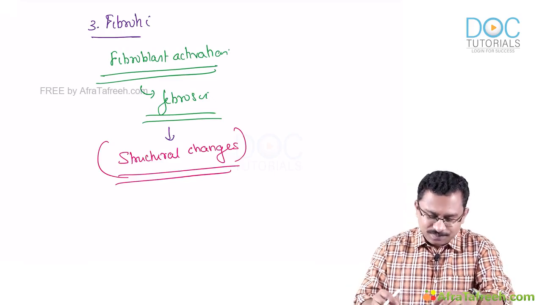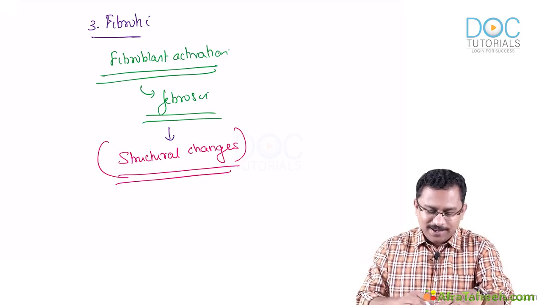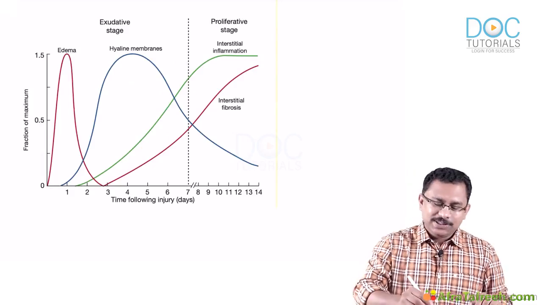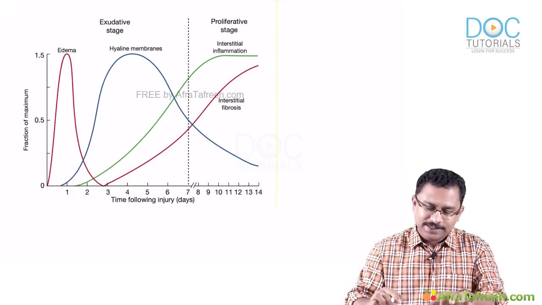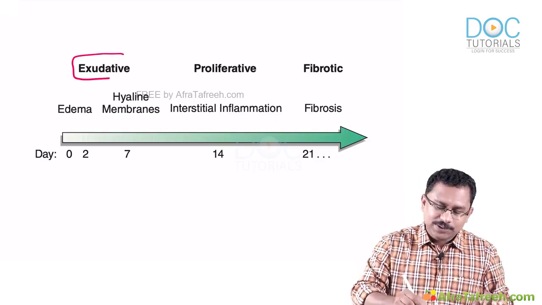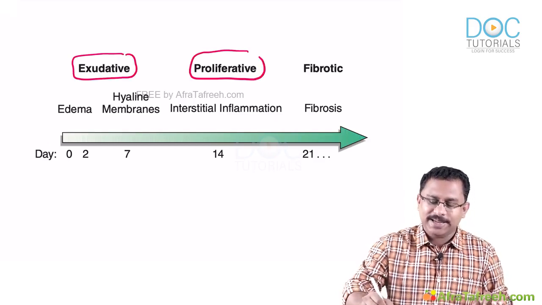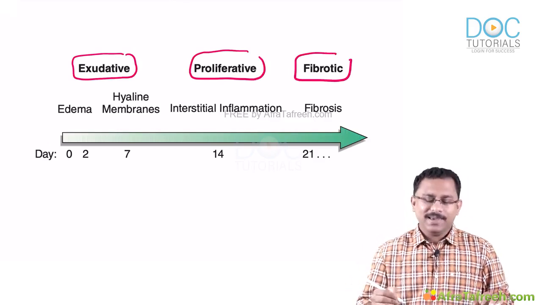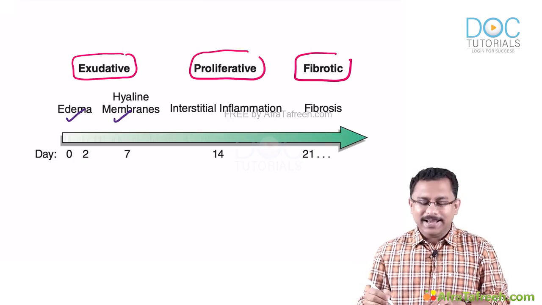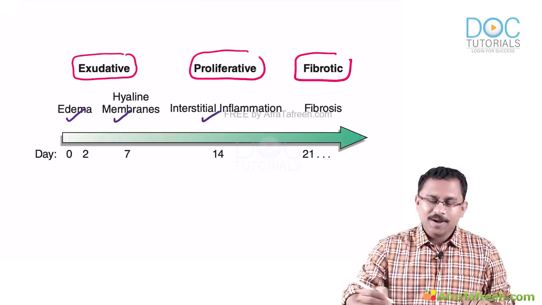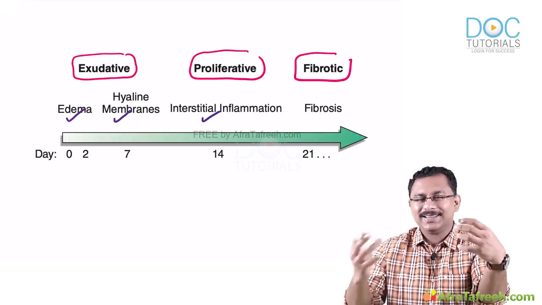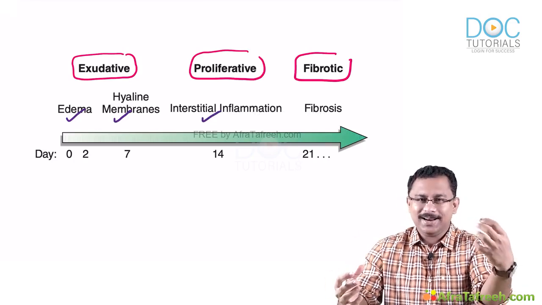Very clear? Okay. Now, after having understood that, just to summarize the exudative and proliferative stage, maybe I'll first show you a timeline here. Okay, yes. So you've got an exudative stage, a proliferative stage, and a fibrotic stage. Exudative stage is predominantly characterized by edema and hyaline membrane formation. Remember that I told you that you can have alveolar and interstitial inflammation in ARDS.